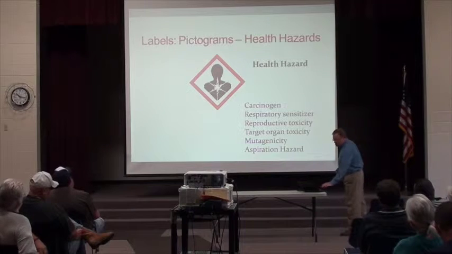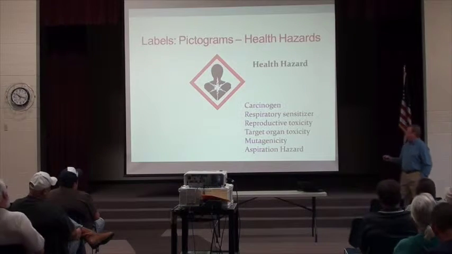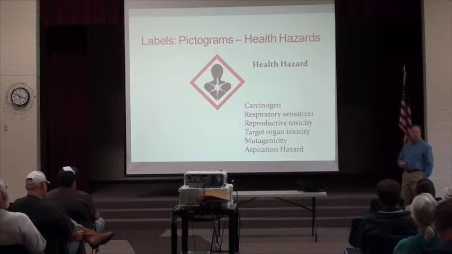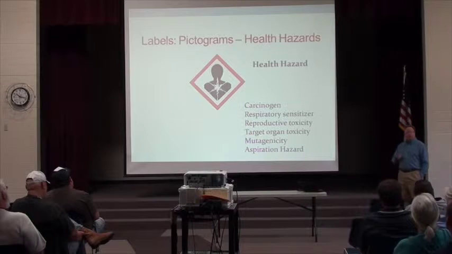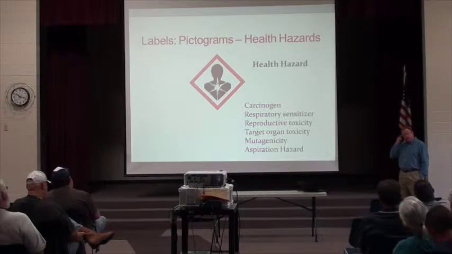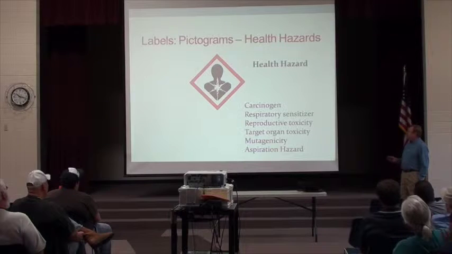The next one is fairly new to me anyway. It's a health hazard. You're going to see this one. It's called the starburst. And that's not the candy. If somebody asked me, I'd say the candy can have that on it. No, that's starburst. Over the chest is something that potentially is a carcinogen.